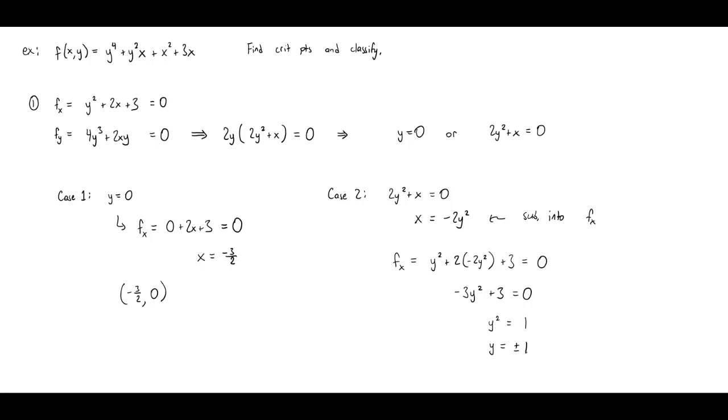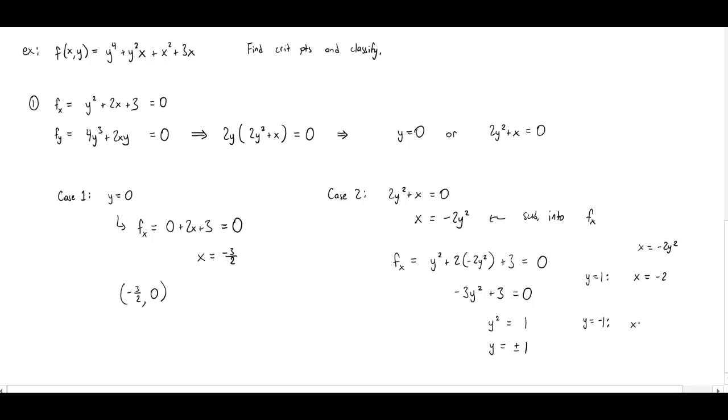Okay, so we have two values for y. So then I need to get my x values as well. So I'm going to use this equation to solve for x now, all right? So for each y value, I'm going to get an x value. So if y equals 1, well, x is negative 2.